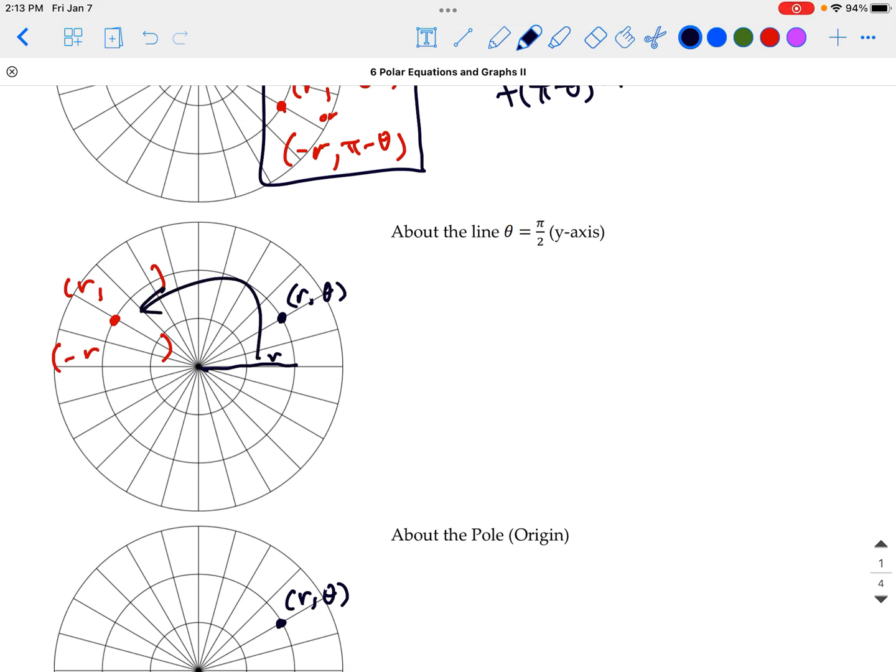We can see that we need to go almost pi, but not quite pi. So this is going to be pi minus theta again. Similar to what we did for the second pairing, only r is positive now. And then for negative r, I just need to rotate clockwise here to get to that point, so that would be negative theta. So r comma negative theta.